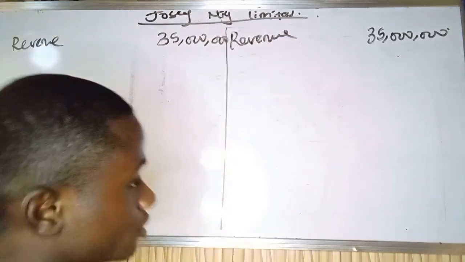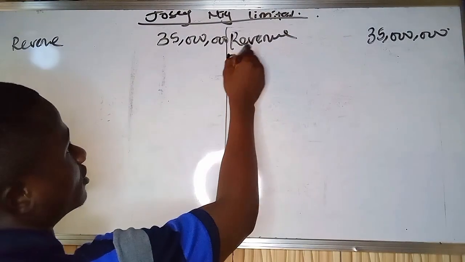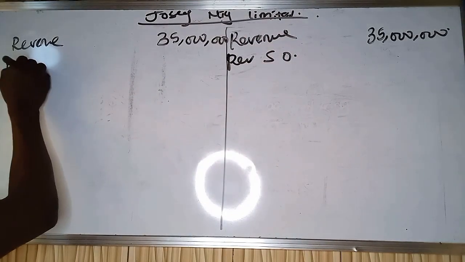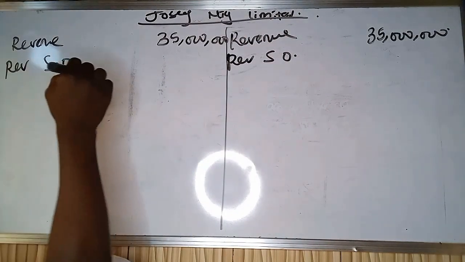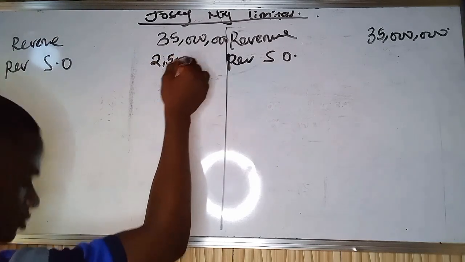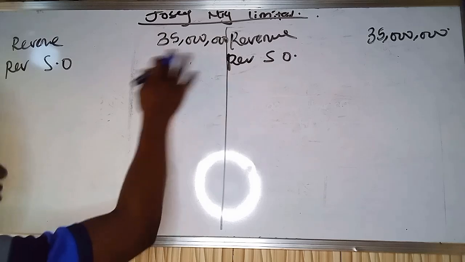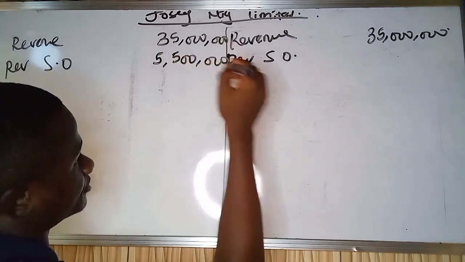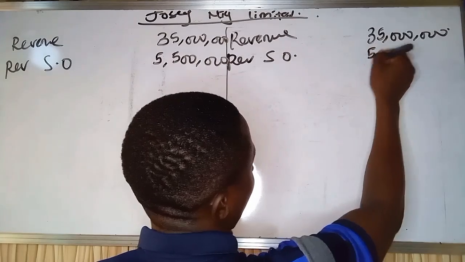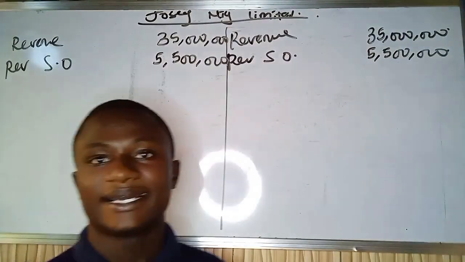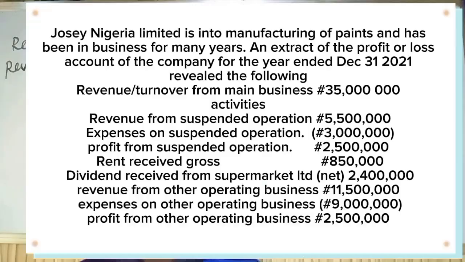So the revenue from suspended operation, please bear with me, is how much? 5,500,000. That's the revenue before subtracting our expenses. So we proceed.